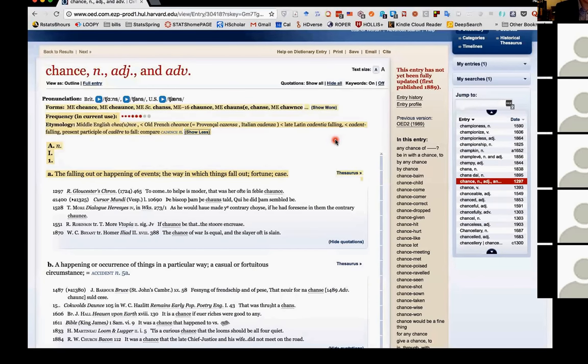And the point here is that it's considered, in fact, you can even see in the second definition, it's considered an accident. Because before about the 1770s, when the idea of chance was brought into existence as a way of explaining phenomena, we had a very mechanistic view of the universe.